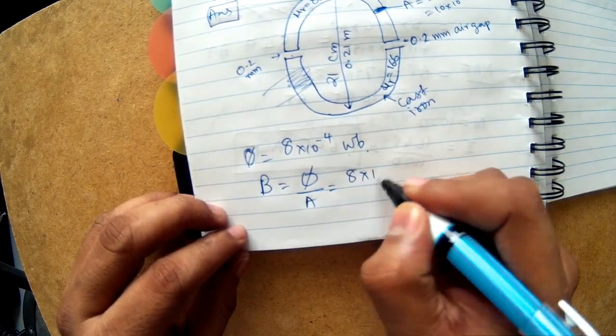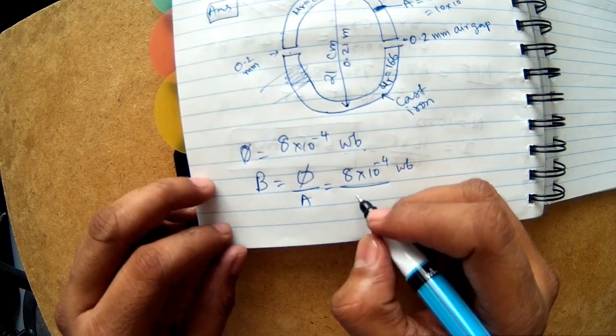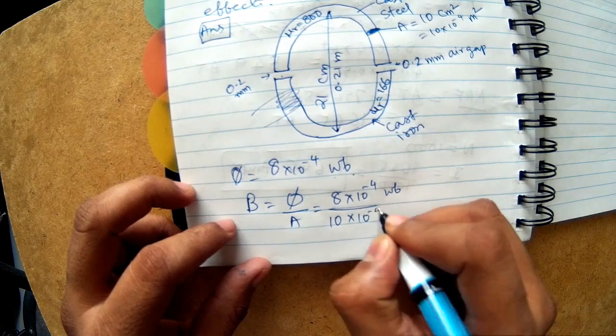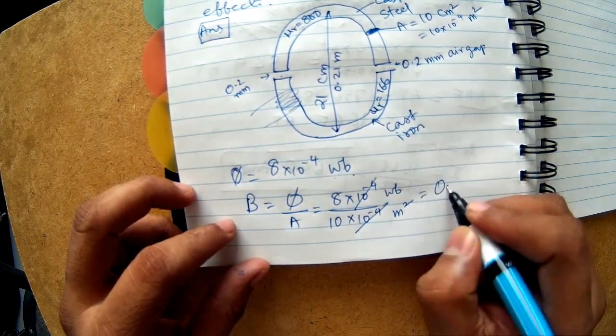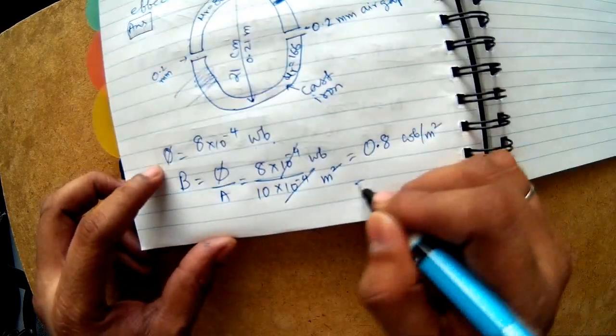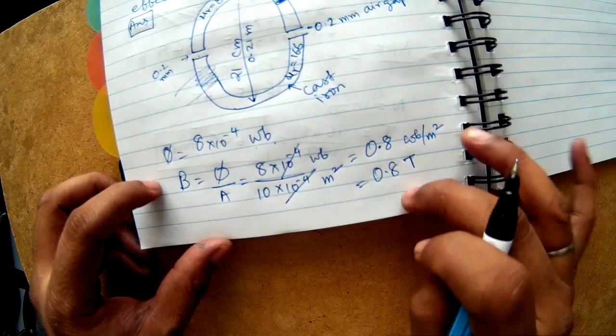So 8 into 10 power minus 4 Webers divided by area. The area of cross section is 10 centimeter square, or 10 into 10 power minus 4 meter square. So these two get cancelled. So this is 0.8 Webers per meter square, or 0.8 Tesla. So this is the flux density.